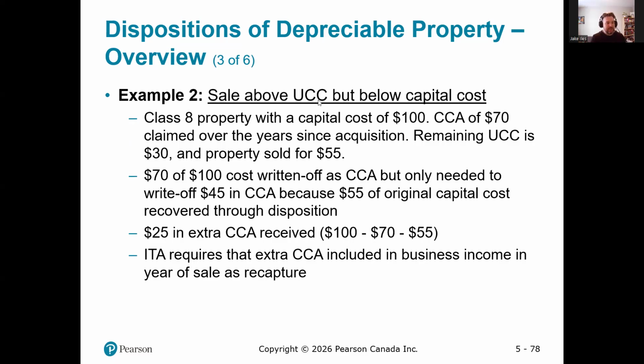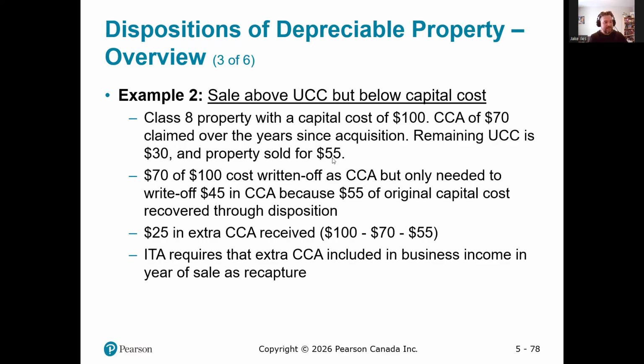If we sell it above UCC but below capital cost, we have to recognize the amount of CCA, or amortization, we are recovering. Class 8 property cost $100. The CCA taken over the years was $70, so $30 remains in the UCC bucket. We sold the property for $55.